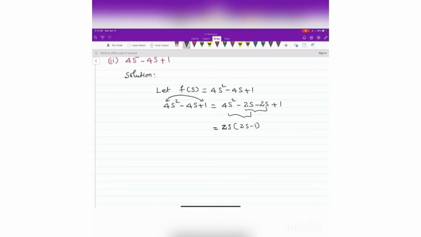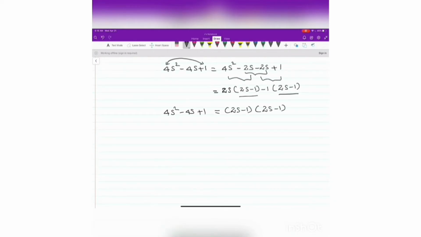Whereas when I combine minus 2s plus 1, I can take out minus 1. Then inside I will be having 2s minus 1. Now 2s minus 1 is common. That can be taken out. Then I will be having here into 2s minus 1. That is 4s square minus 4s plus 1 can be written as 2s minus 1 into 2s minus 1.